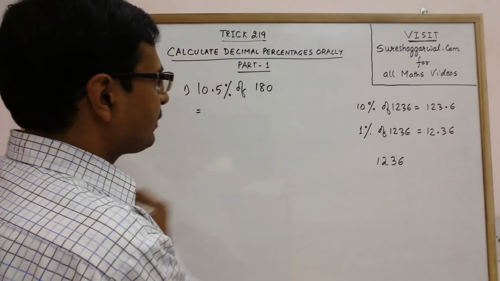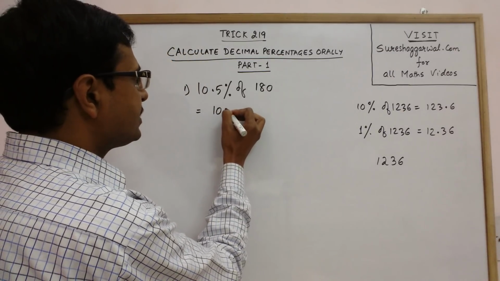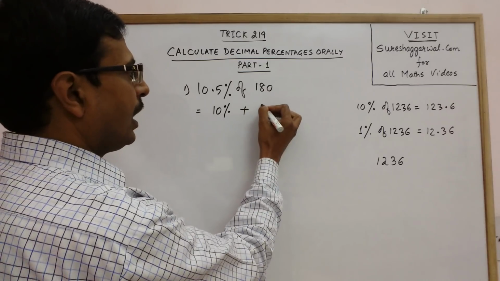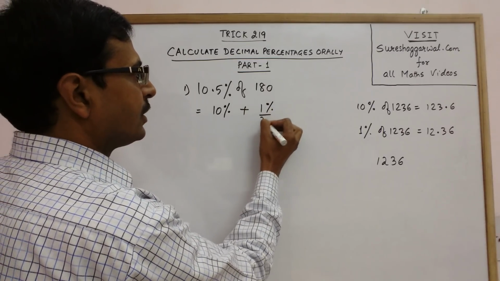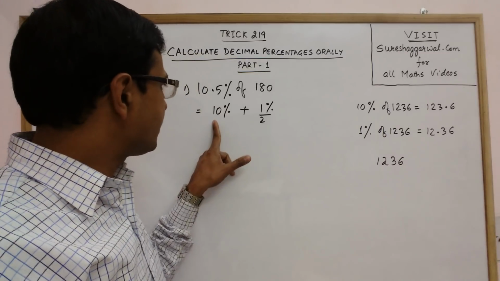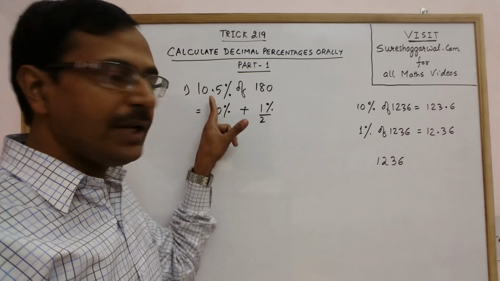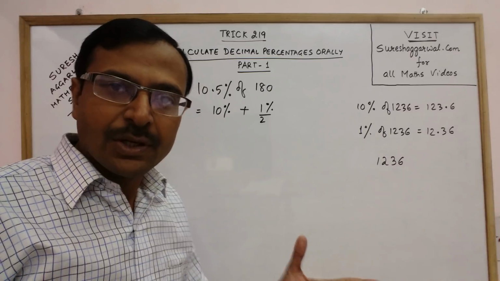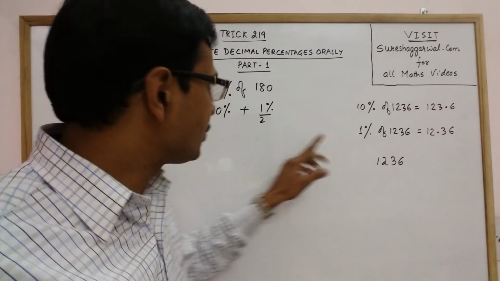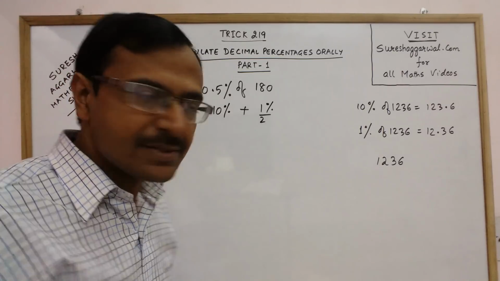Now see, 10.5% means 10% plus half of 1%. Now half of 1% is 0.5%. So 10% plus 0.5% is actually 10.5%. Now I have told you how you calculate 10% and 1%. So just put the values here and you get the answer.